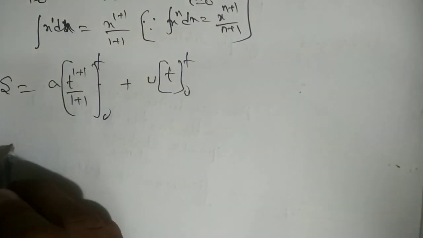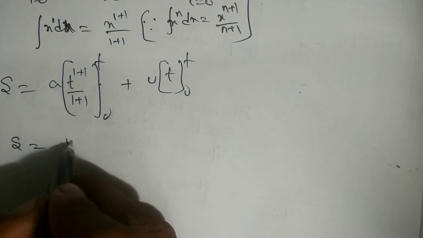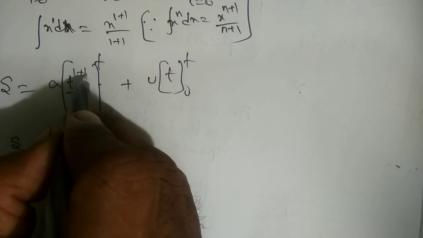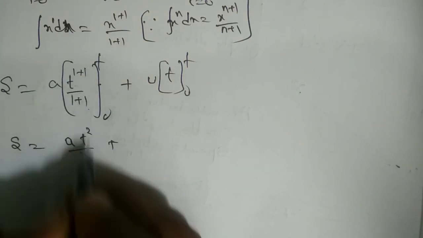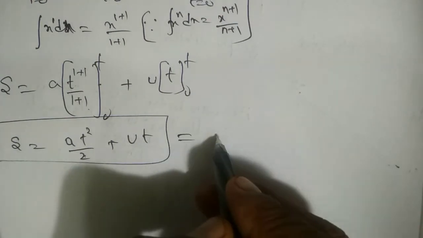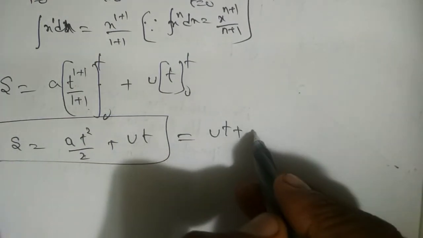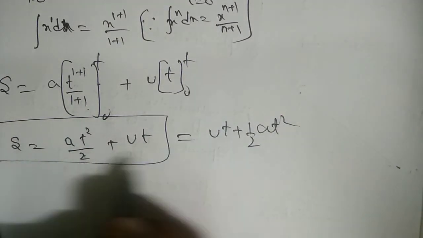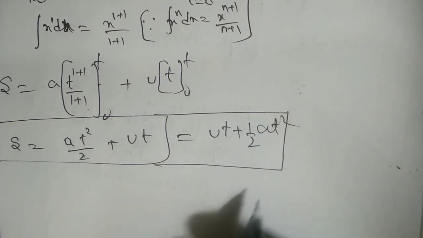That's it, it's over. S is equal to a t square by 2, because 1 plus 1 is 2, plus ut. Written in our favorite way, ut plus half a t square. We got it, isn't it? Okay, thank you.